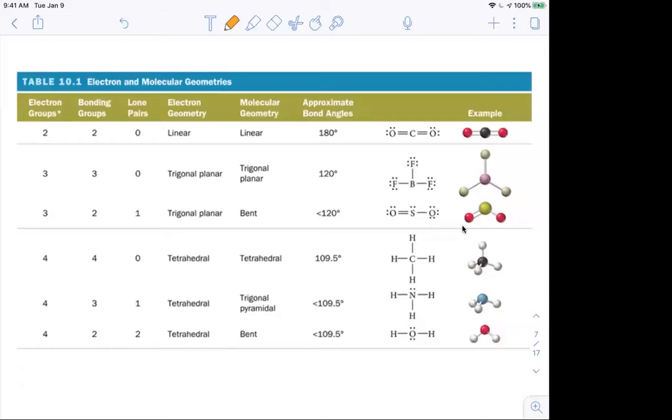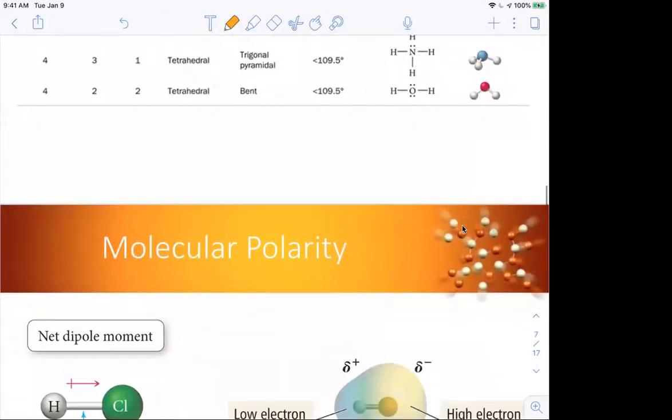So we learned this before in VSEPR, right? You have to be able to assess these, use 2 electron groups, 3 electron groups, and 4 electron groups to figure out what my electron geometry and my molecular geometry is. And then I'm going to look internally and look at each individual bond and see how it affects the electron distribution in the overall molecule.